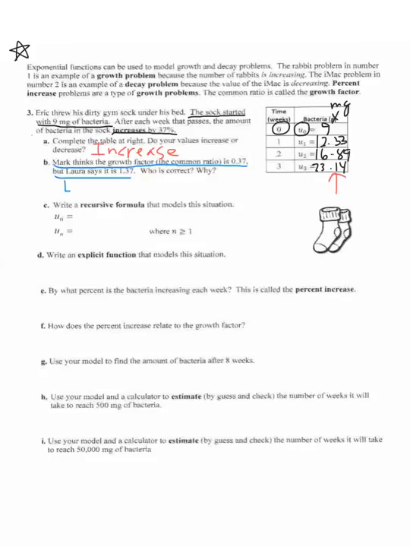So Laura is going to be correct, because if you multiplied 9 times 0.37, you're going to get a number that is smaller than 9. But it says increase. Because it says increase, we know that we want a number bigger than 9. So that's why it's going to be 1.37.